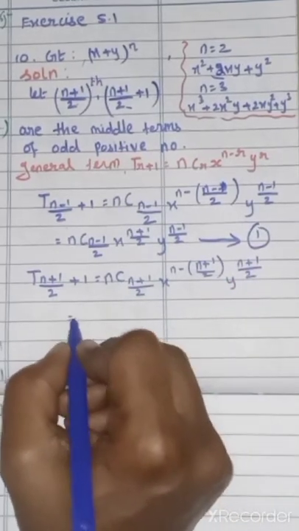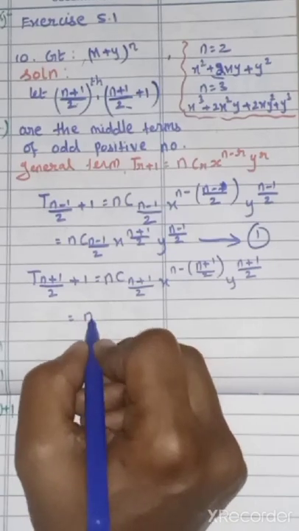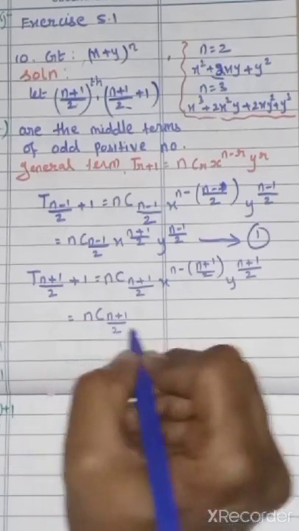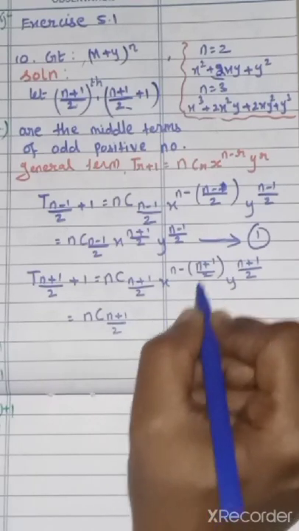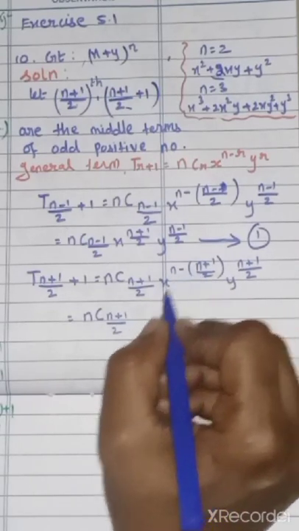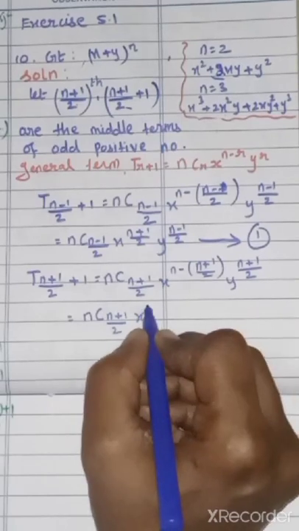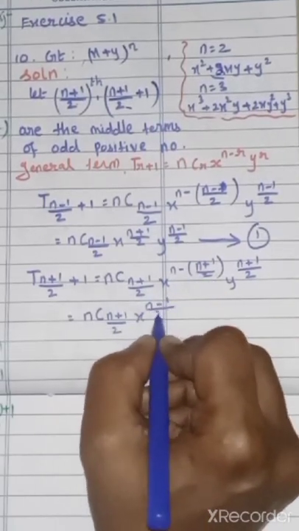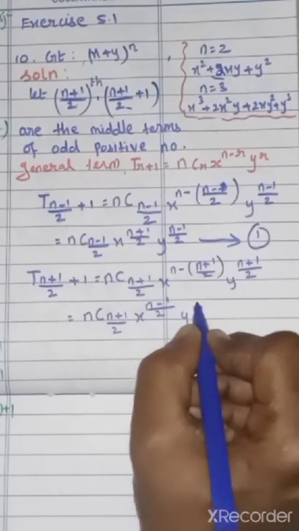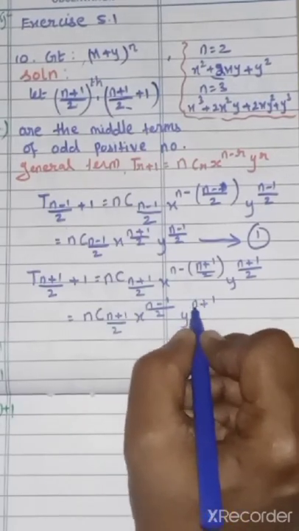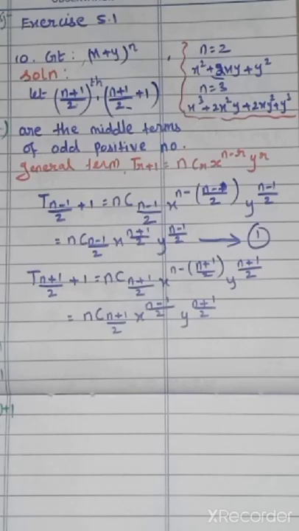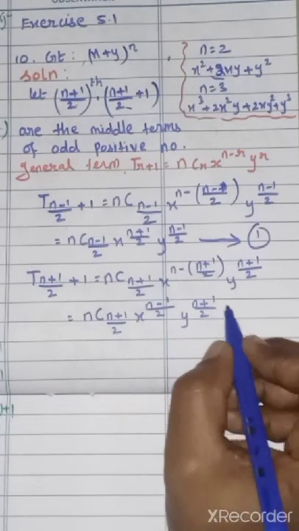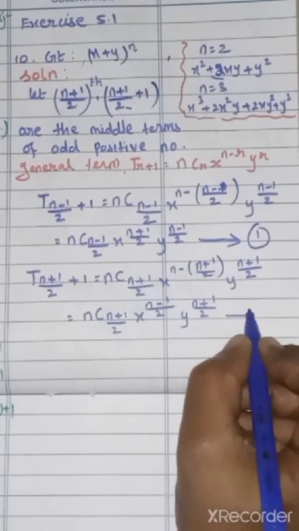Again, if you simplify this, nC((n+1)/2), now this will be 2n minus n, so x^((n-1)/2), and this will be y^((n+1)/2). Is that clear? So we can take this as equation number 2.